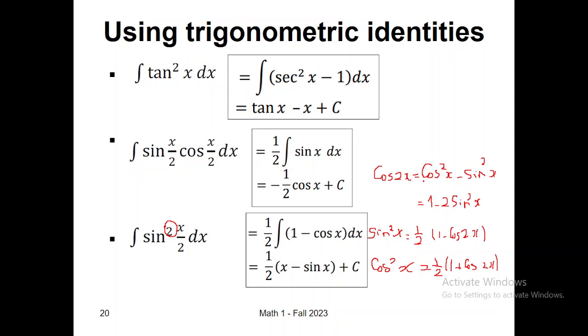You can say that cosine 2x equals, by replacing sine square with 1 minus cosine square, 2 cosine square minus 1. And if you break cosine square to one side, it will give half 1 plus cosine 2x. So these two rules are very important and are used frequently in integration in order to replace a sine or cosine raised to power 2 with a function without this power, which is very important to solve the integration.